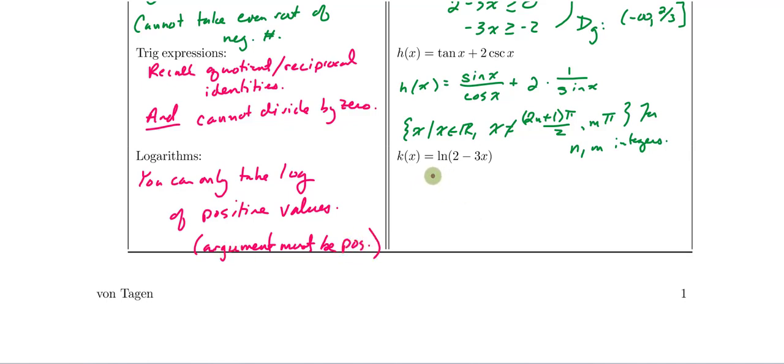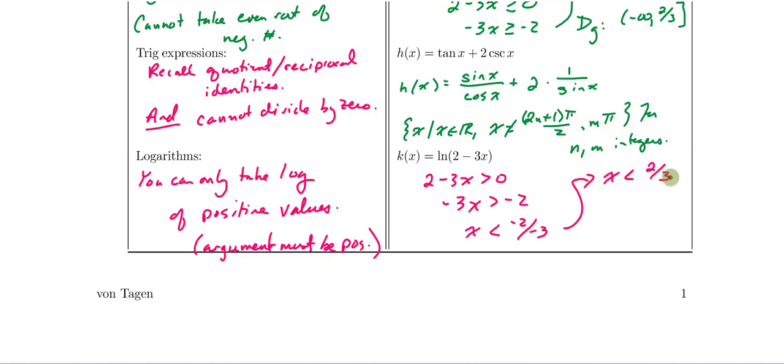So in this case, our argument is 2 minus 3x, and this must be positive for us to evaluate the logarithm, which means minus 3x must be greater than negative 2, which means that x needs to be less than negative 2 over negative 3, or x needs to be less than 2/3.